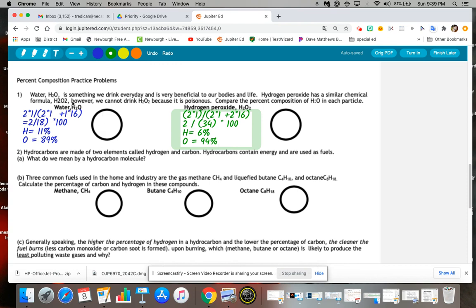Okay, we can draw this into our pie chart, and we can be very approximate. So 11%, 89%. So let's make a small amount, that's the hydrogen, and we'll make the rest the oxygen. And I can put little dots.